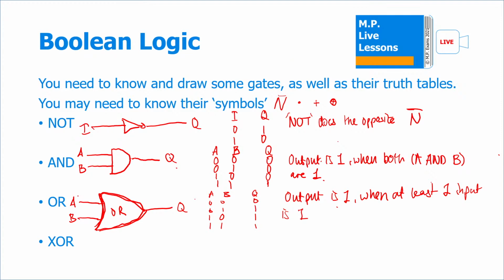And then finally, XOR is like an OR gate, except you have an extra line like this.